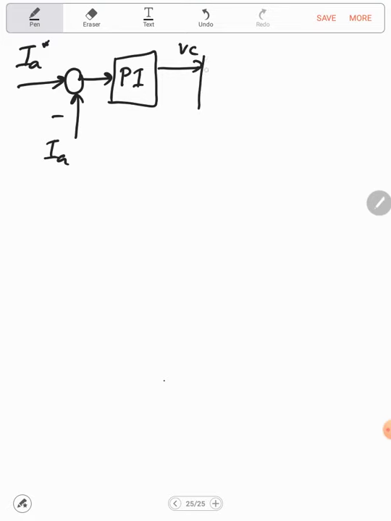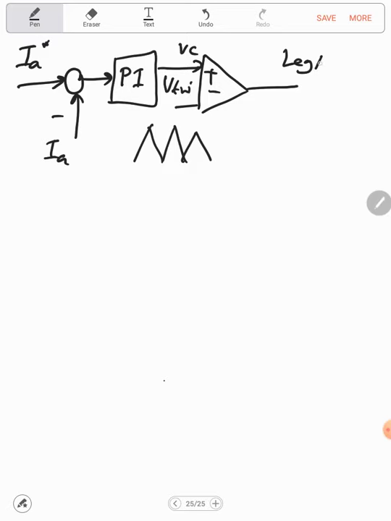Now this VC, I will compare to a triangular, V triangular, and I will generate the gate pulse for leg A, and the inverted one will go to leg B. So this will be S1 here, and this will be S3.